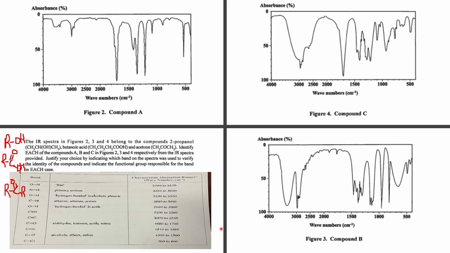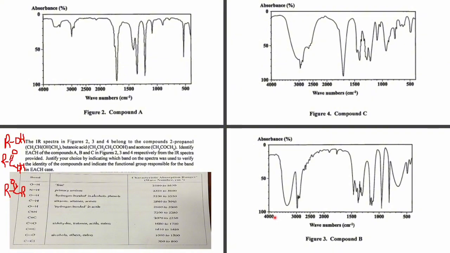OH peak. So if I were to just visually look at your figures 2, 3, and 4, I would be leading towards figure 4 being your carboxylic acid because it's a very broad OH group region here. And there's another peak that looks like a carbonyl functional group, but I won't say for sure yet until I match the wave number.